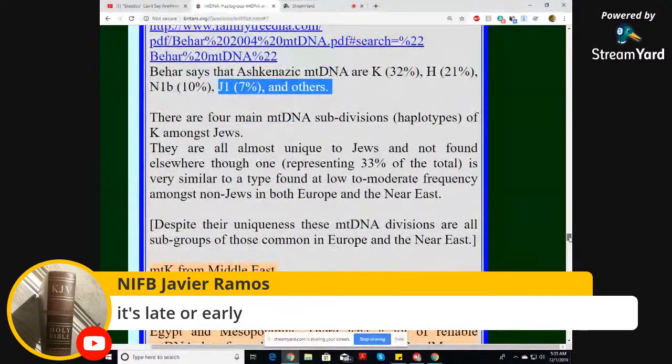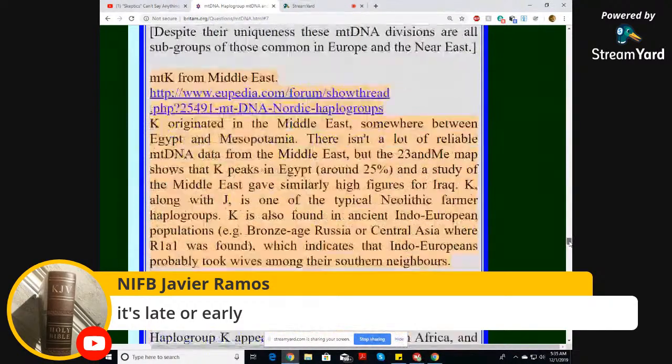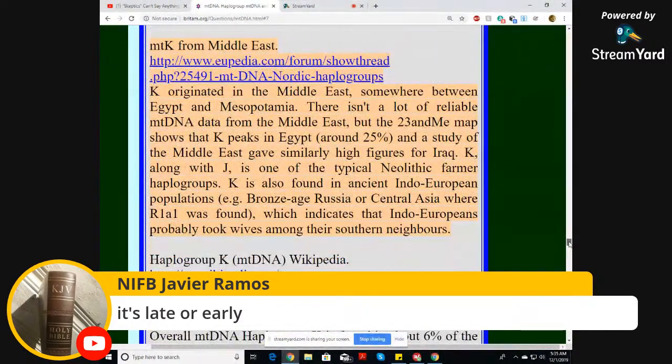And of course, they were spread out through Europe, through the Europeans, which were the Japhethites, so that only the Western Europeans are more influenced by the Semitic populations.